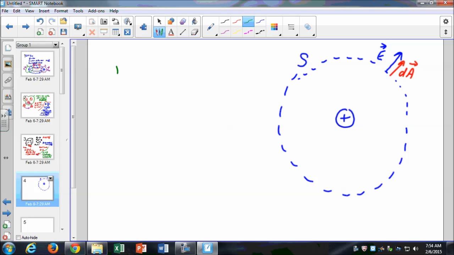I can say that the integral of E dot dA is equal to Q enclosed over epsilon naught. This is just, flux equals Q over epsilon naught. That's just Gauss's law.